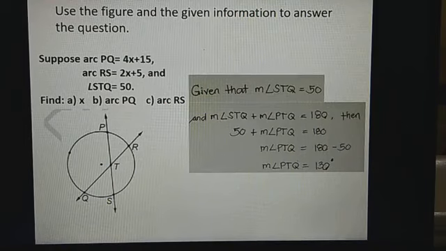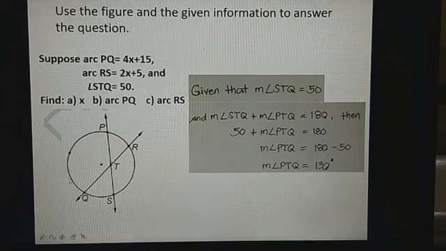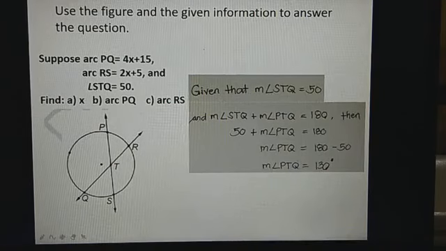Kaya lang, ang hinahanap naman na arc ay hindi yung arc na in-intercept niya. Ang hinahanap na measure ng arc ay itong arc na to, PQ at saka RS. Kaya ngayon, ang gagawin natin, sabi dyan, given that the measure of angle STQ is 50. So, this angle is 50.